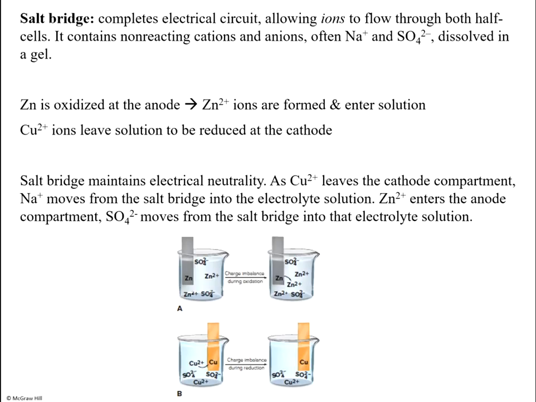And on the copper side, the sodium ions will move from the salt bridge into the electrolyte solution to counterbalance the loss of the positively charged copper ions. So we'll actually have 2 sodium ions for each copper that is reduced. For the sulfate case, we just have a 1-to-1 ratio of sulfate to zinc.